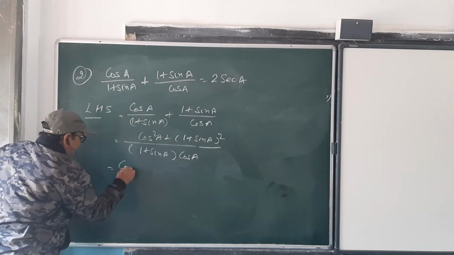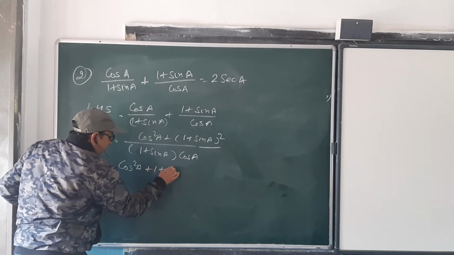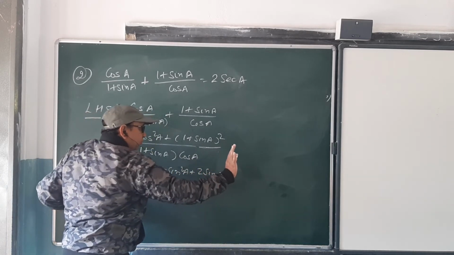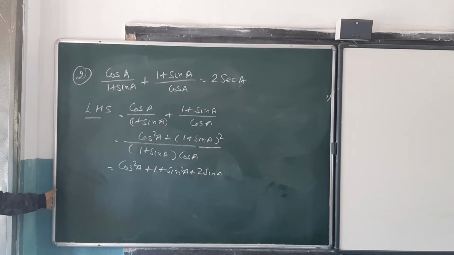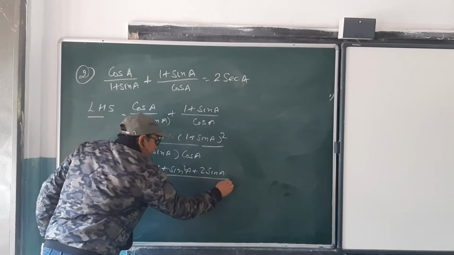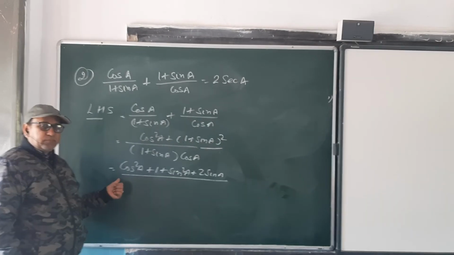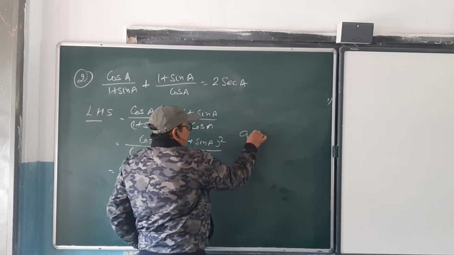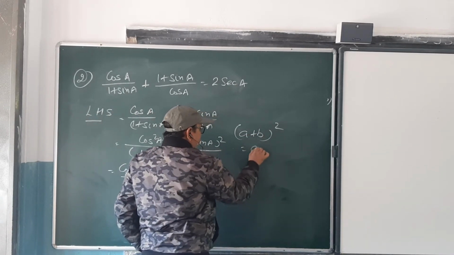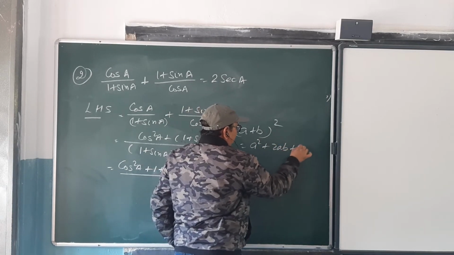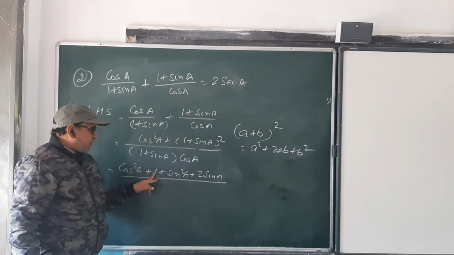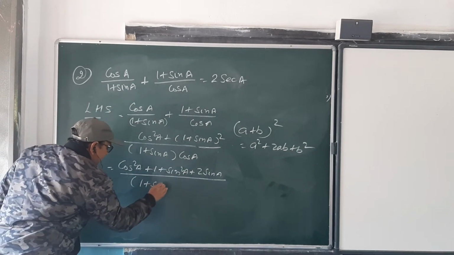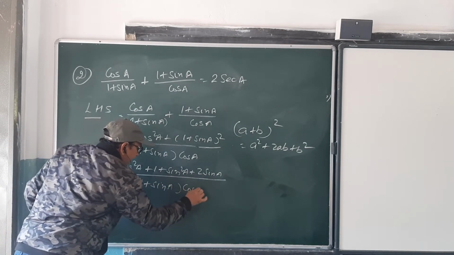So we will get here cos square A plus 1 plus sin square A plus 2 sin A. So we have opened the bracket (a plus b) whole square, which equals a square plus 2ab plus b square, upon, as it is, (1 plus sin A) and cos A.